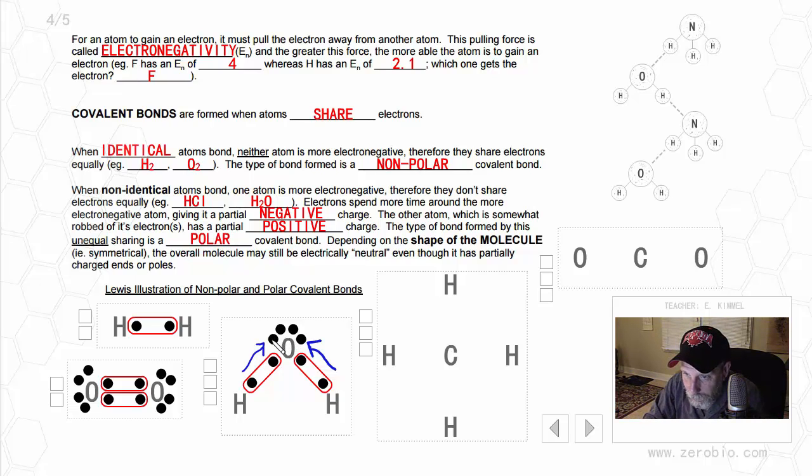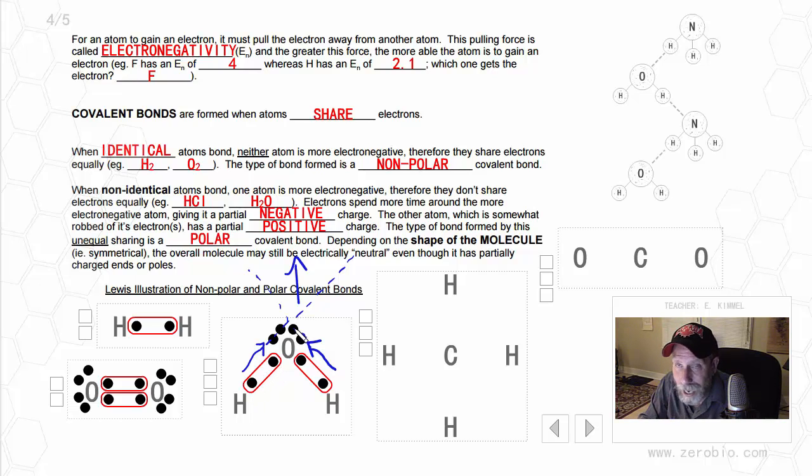And if you were to continue the component or the vectors of this pull, there would be an overall pull. Like if you were pulling a string on an angle that way and another one that way, equally strong, the net result would be a pull forward. Okay? Because of this, the electrons spend more time around the oxygen than the hydrogen, but not always.